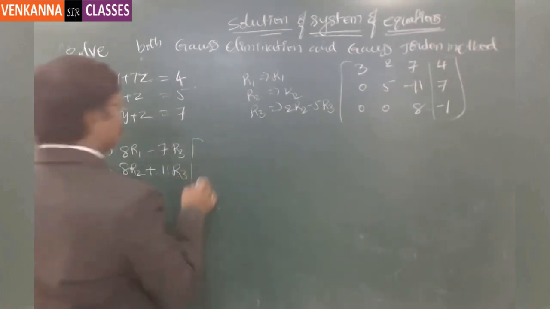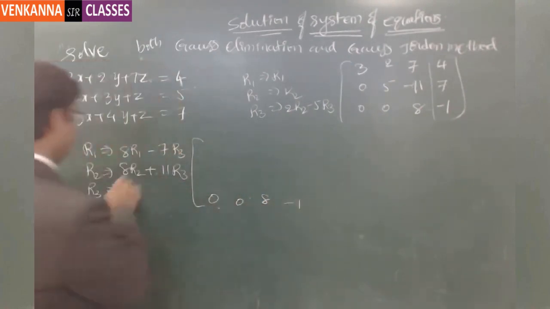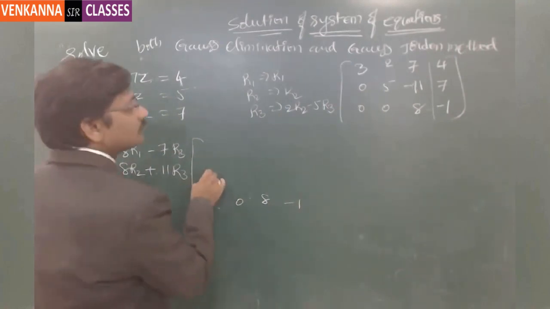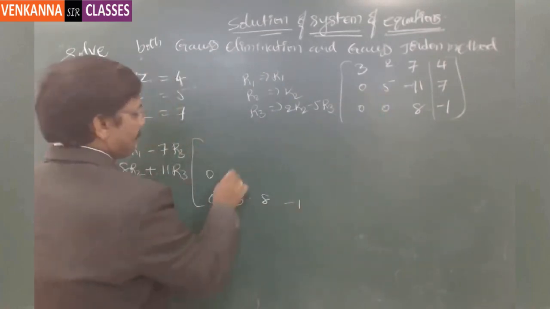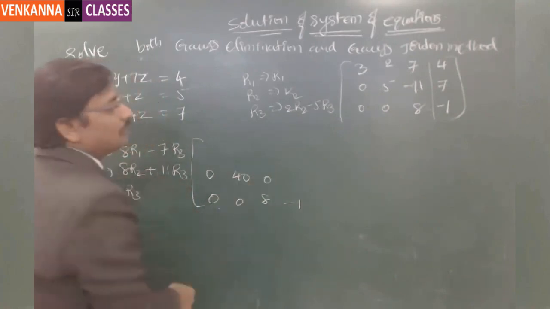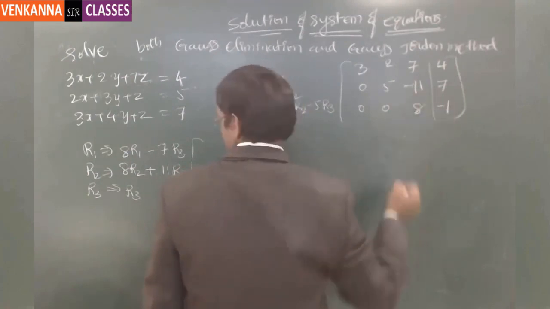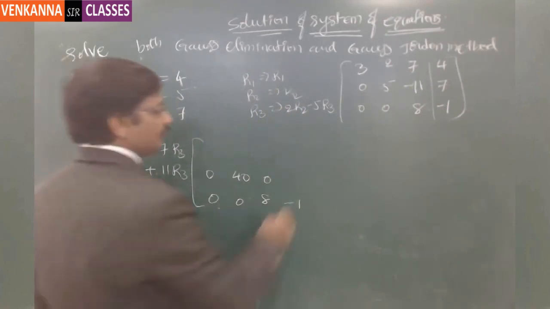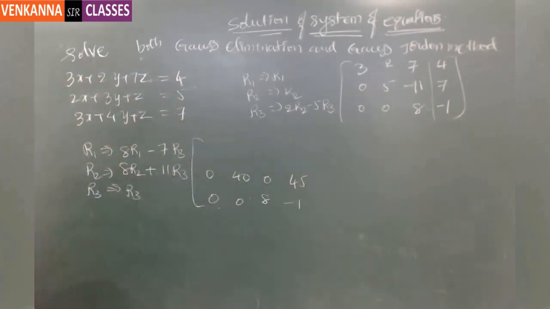So this way, first I'll write the last one: 0, 0, 8, minus 1. And then 8 times of R2 plus 11 times of R3. So here this is going to be 0, and 8 times of R2 is 40, and this is 0, and 8 times of R2 is 56, and plus 11 times of minus 1 is minus 11. 56 minus 11 is 45. And the next one, 8 times of R1 minus 7 times of R3.